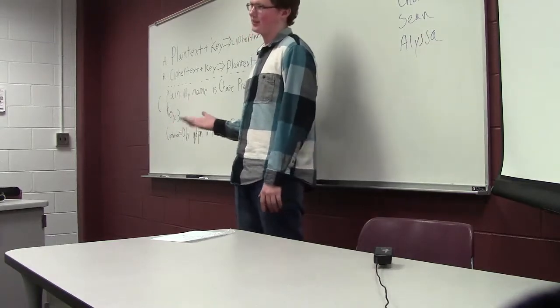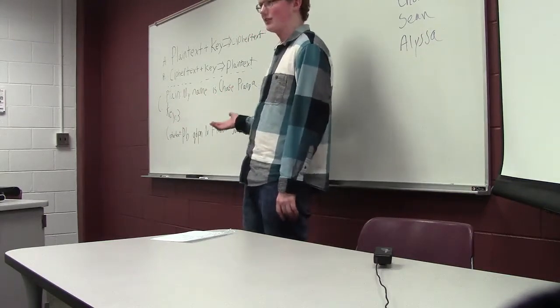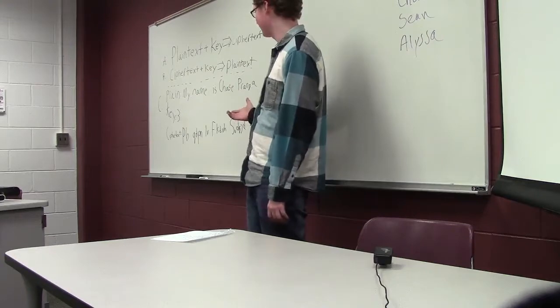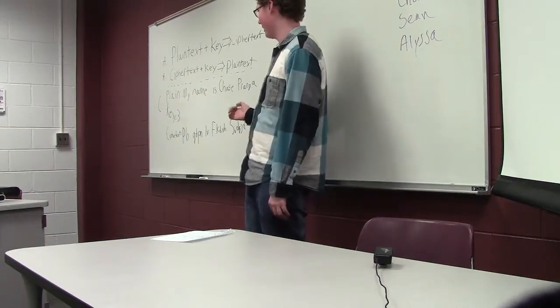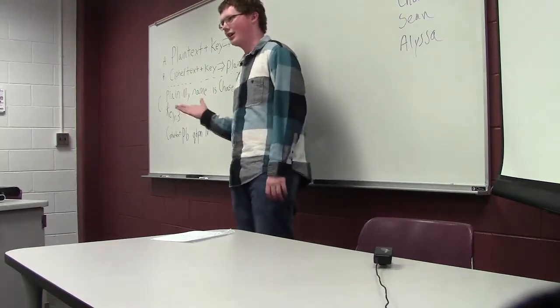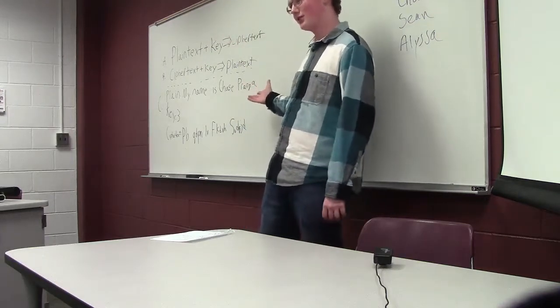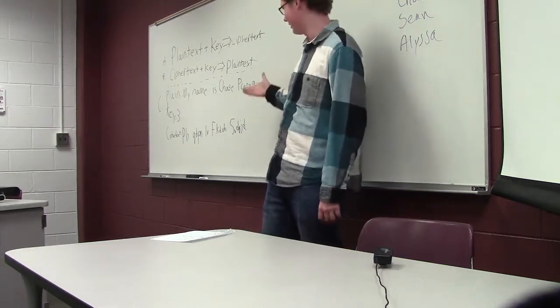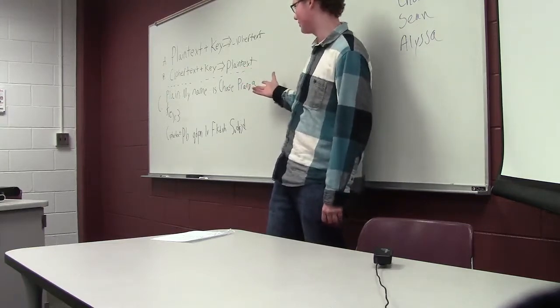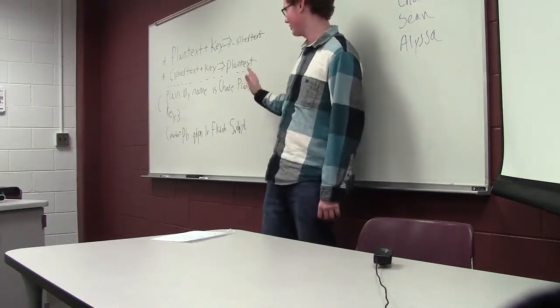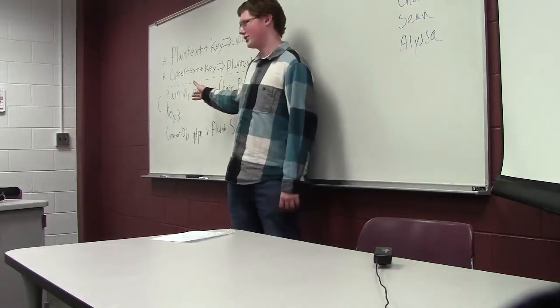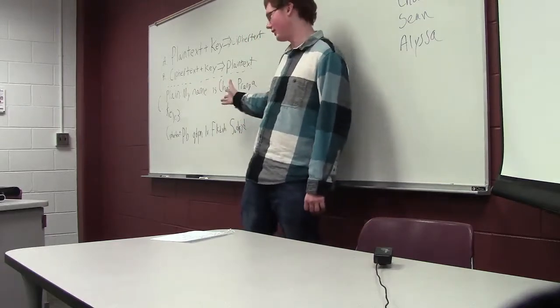It's not always that cut and dry, and there's a huge debate going on about how much encryption is good. Right here is what's called a Caesar shift. This was invented by Julius Caesar, and all it is, the key is how many times you shift each letter.